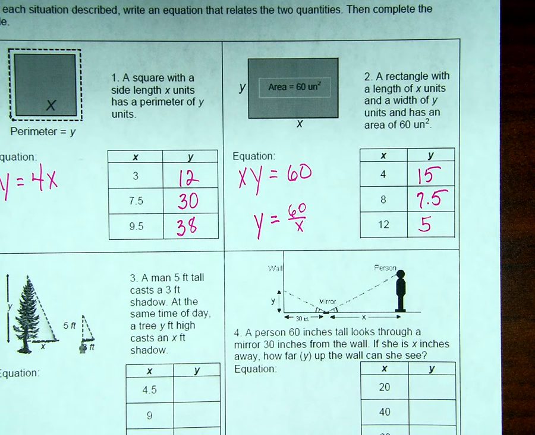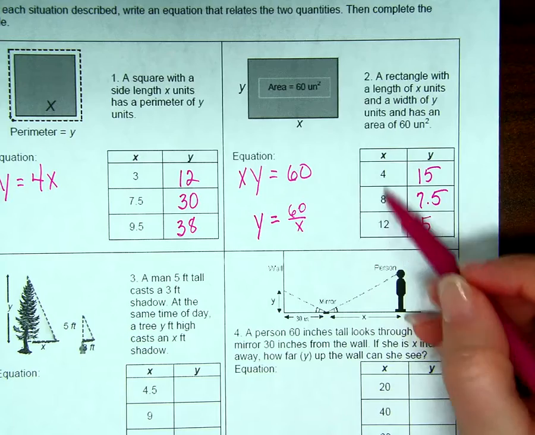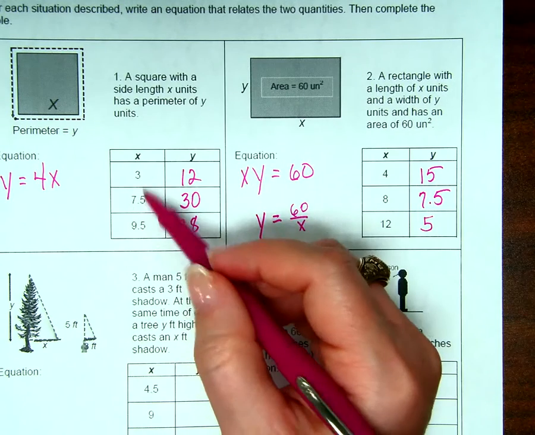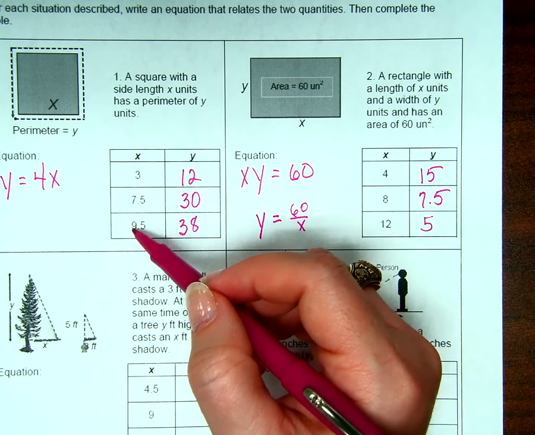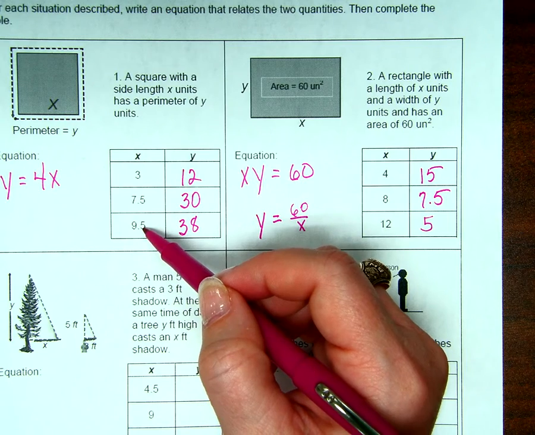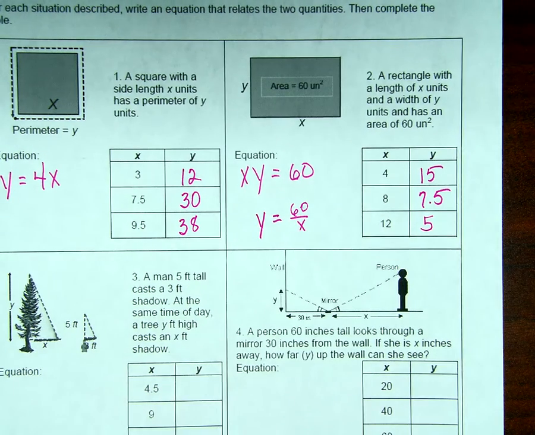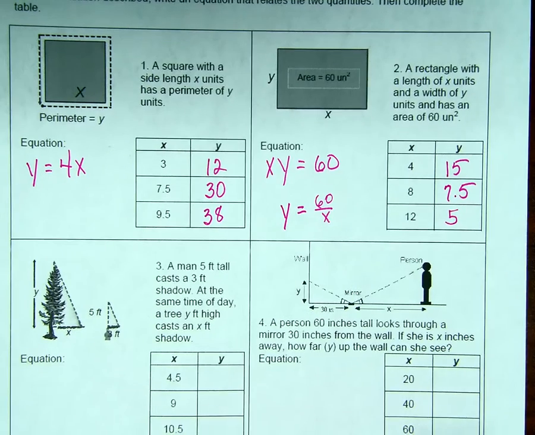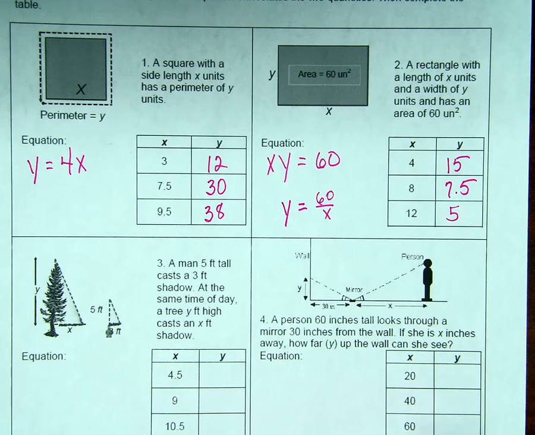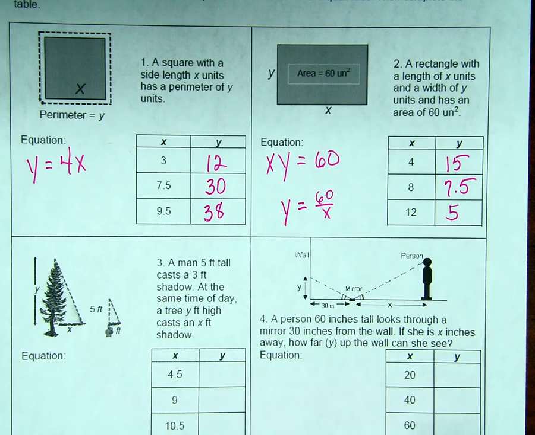For this one you could, right? Could you for this one? 7.5 in the table? 9.5 is in the table? Unless you adjusted your table, right? To count it by 5s. But it would just be easier to just punch in a calculator 60 divided by 15. Divided by 4, right? Okay.